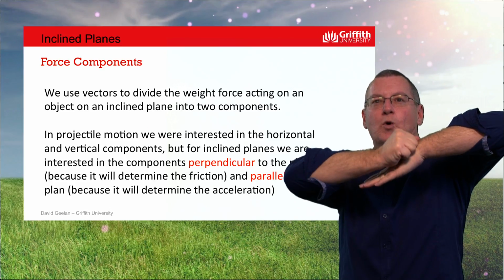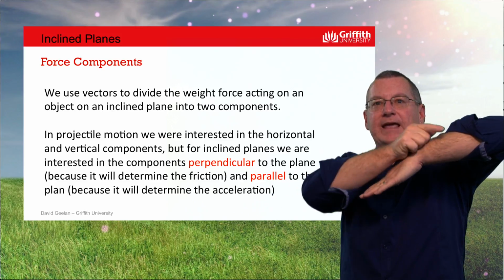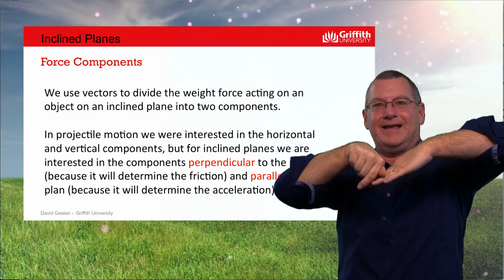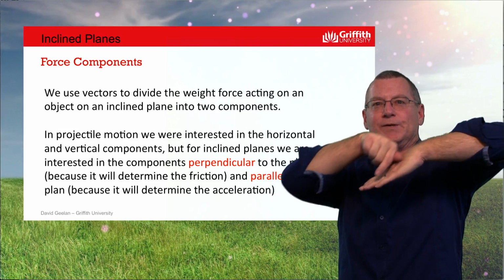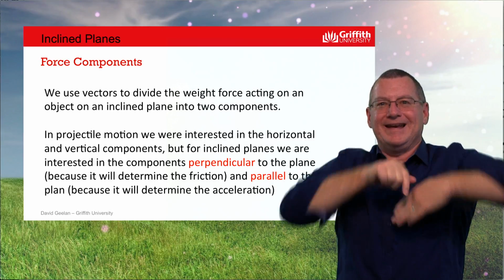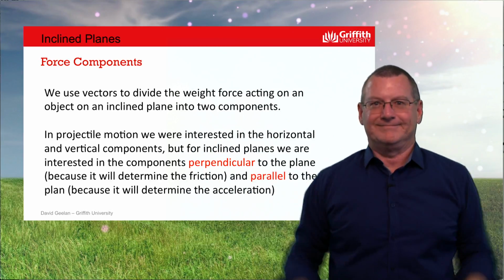The force that's going to cause it to slide down the plane is going to be parallel to the plane in this direction, right? So we want those two components of forces, the one perpendicular to the plane and the one parallel to the plane. Okay, let's do it with a diagram.